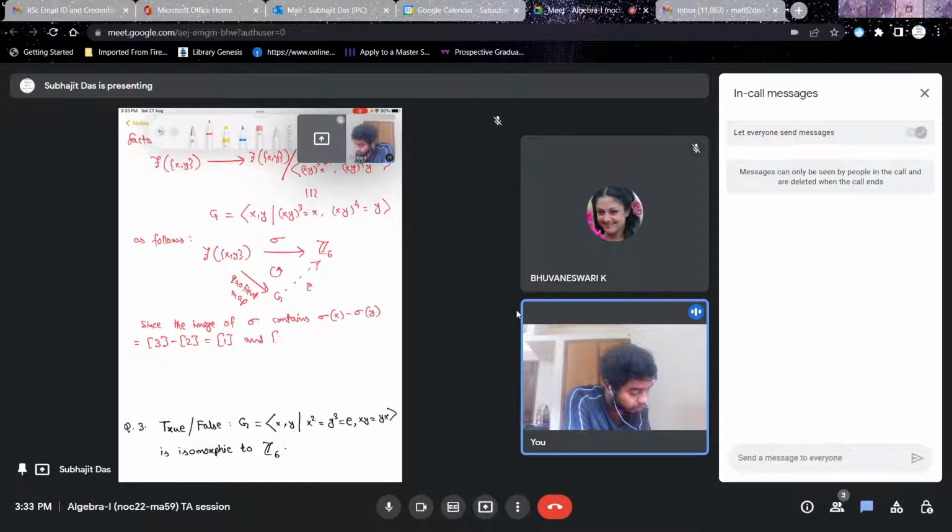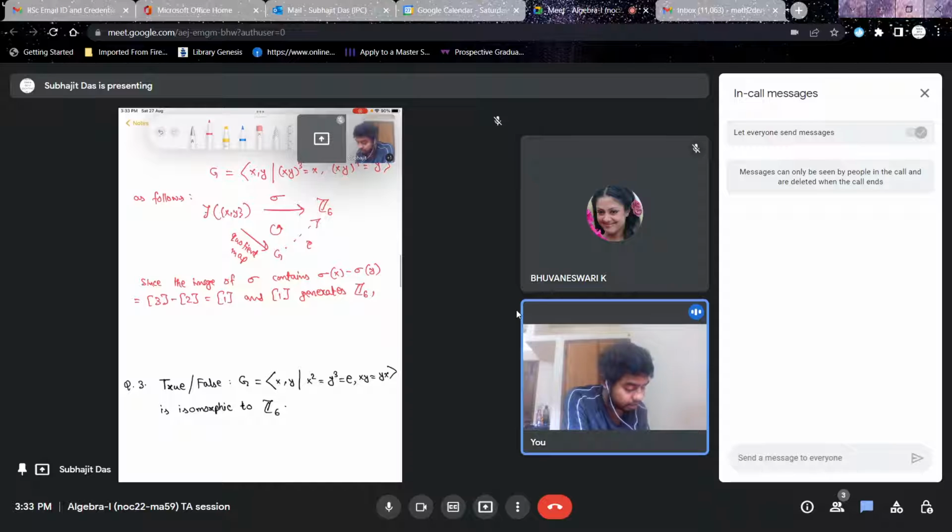And since 1 generates Z6, hence sigma is surjective. And since sigma is surjective, and sigma is the composition of tau with the quotient map, tau is also surjective, right?